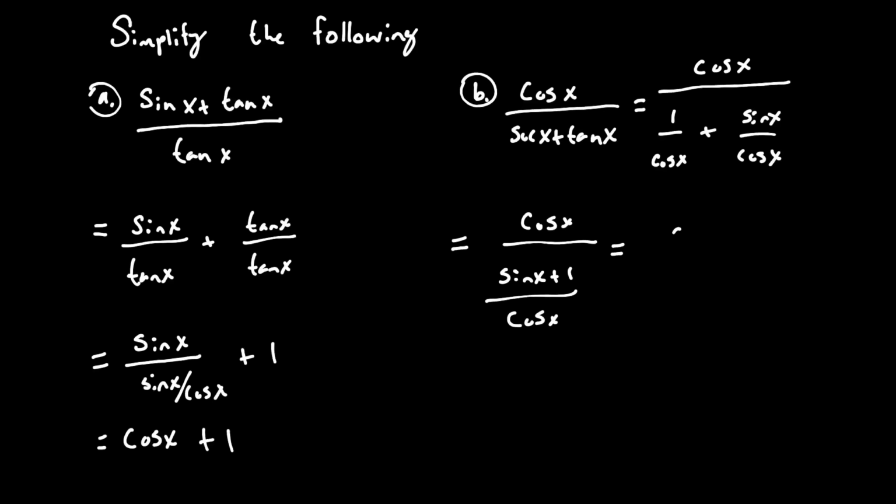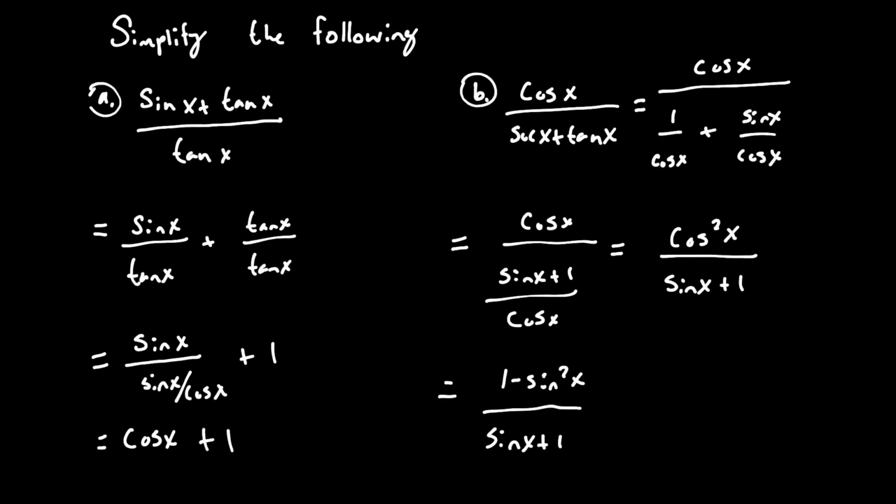This is equal to cosine squared x divided by sine x plus 1. Now we want to go ahead and replace cosine squared x with 1 minus sine squared x. And 1 minus sine squared x factors out to be the following: 1 plus sine x times 1 minus sine x.